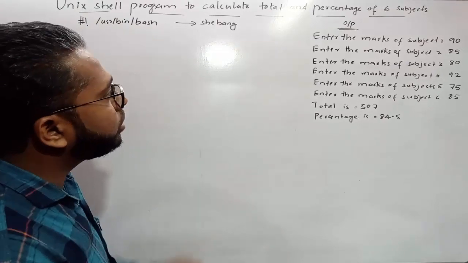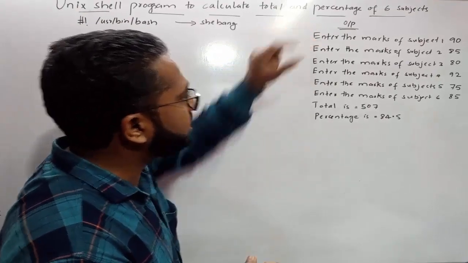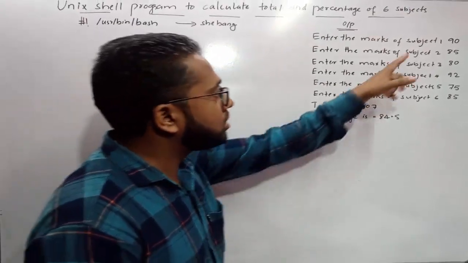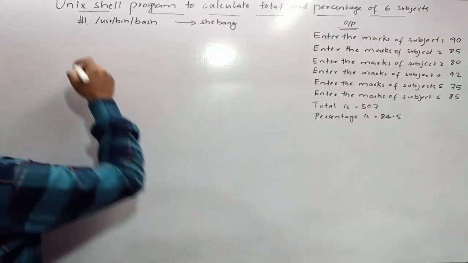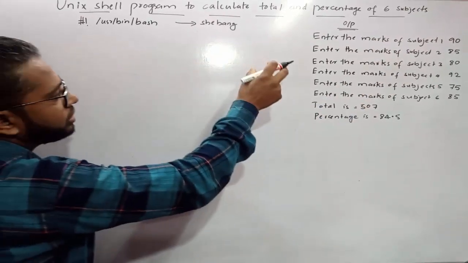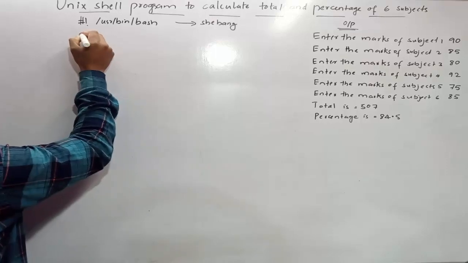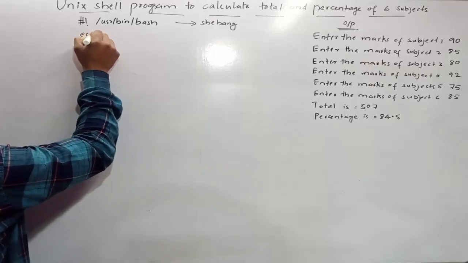Now next we need to display this message and accept the marks of the first subject. So to print the message on the terminal, we need to use the echo command.